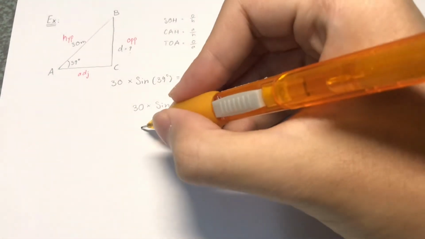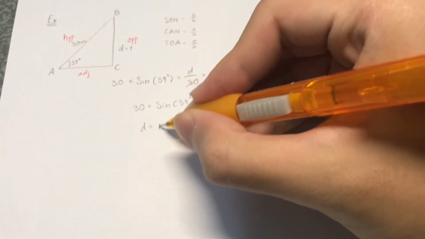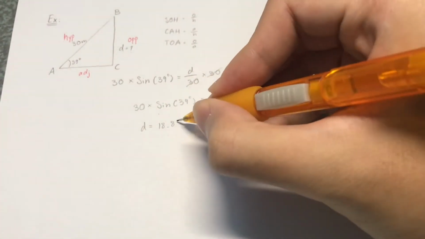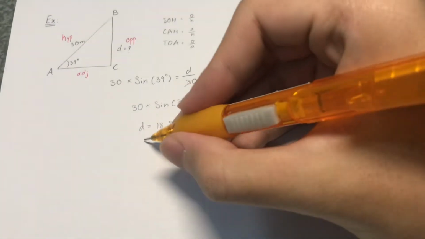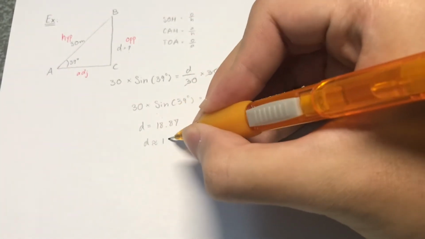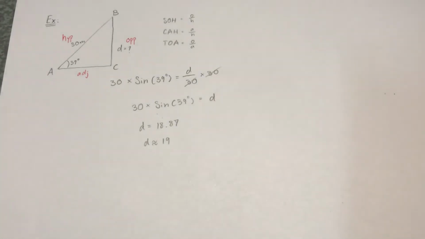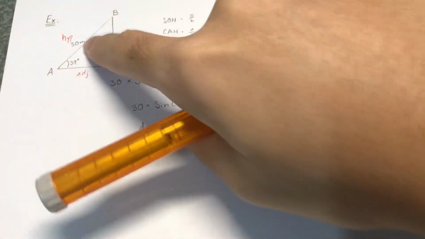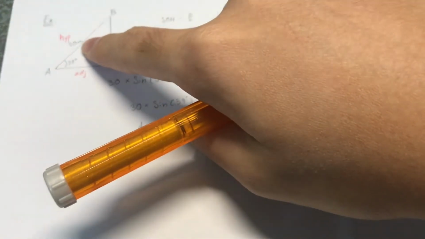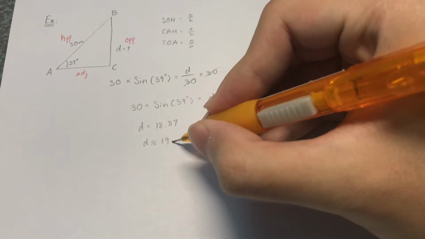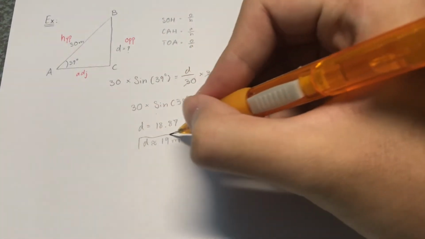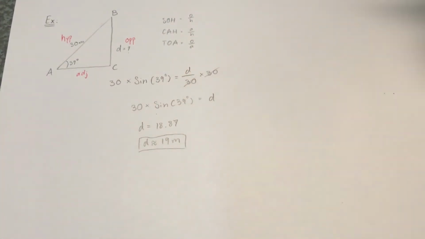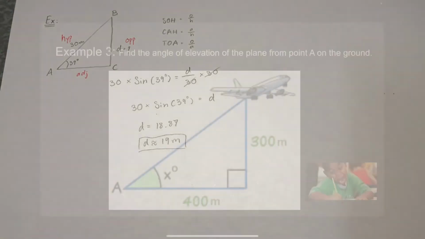D is equal to 18.87, or approximately 19. And the most important thing is, don't forget to write the unit of the value that is given, which is meters. So it's 19 meters. Approximately 19 meters is the depth of the anchor under the seabed.